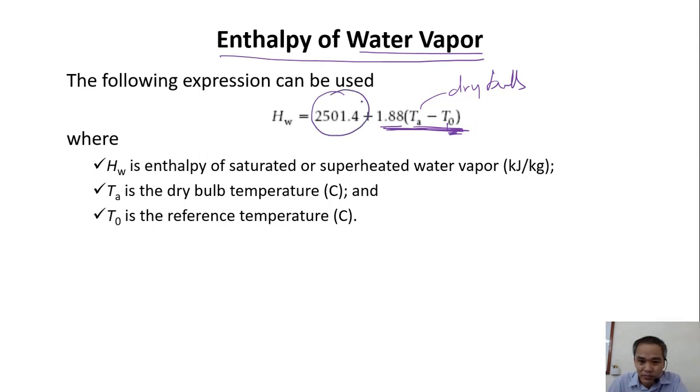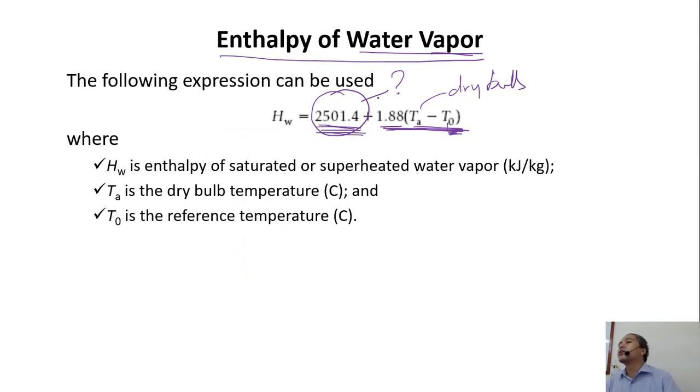And what is this? Why do we have 2501 here? Very high number. This is the evaporation enthalpy for water. Before it becomes vapor, it should convert from liquid into vapor, and this is the enthalpy for that.